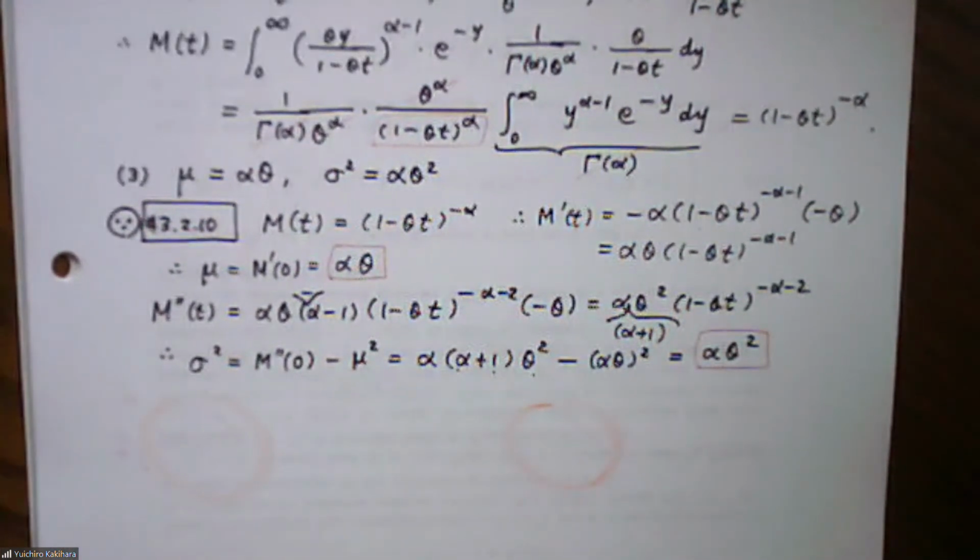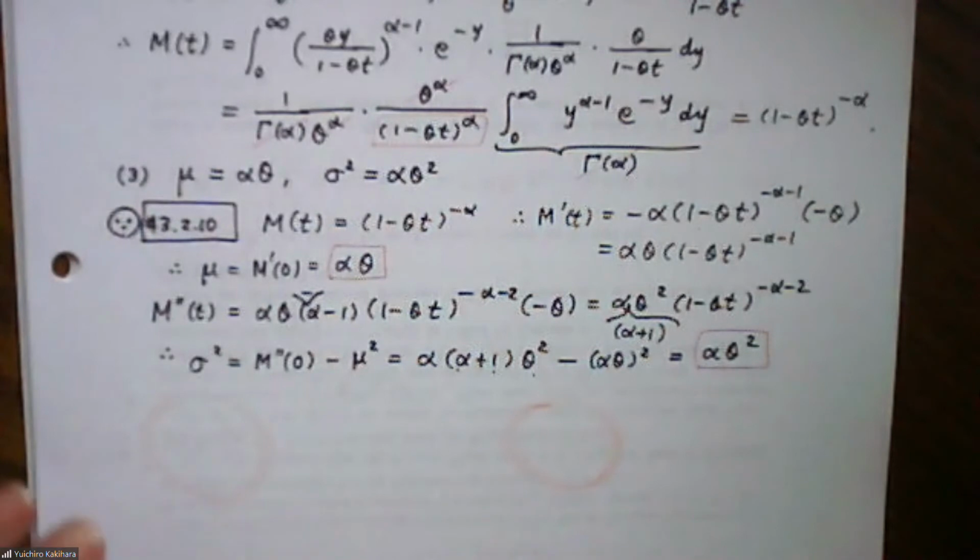Let's move on. As I mentioned, the exponential distribution is a special case of the gamma distribution, that is, alpha is equal to 1. Theta can be anything. Gamma of 1, theta is exponential of theta.